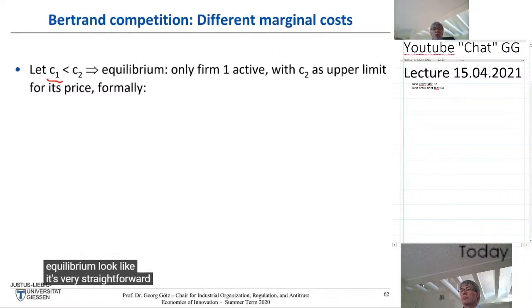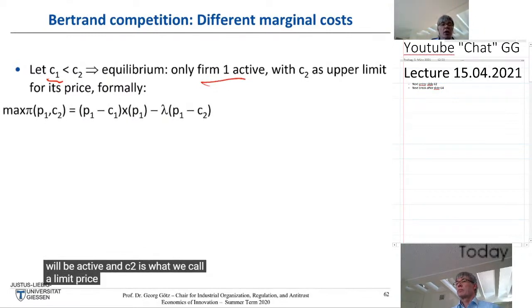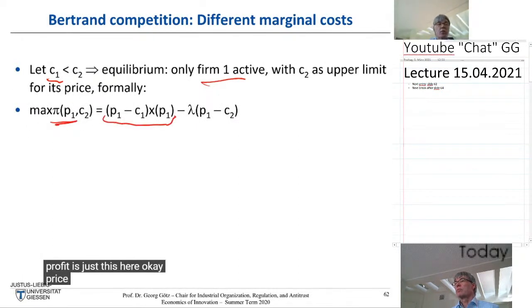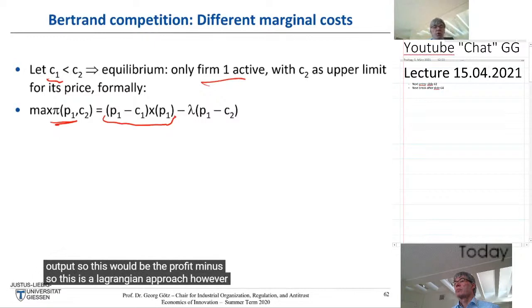It's very straightforward. Only firm one, the efficient firm, will be active, and C2 is what we call a limit price. In formal terms, firm one maximizes its profit, which is just this here: price per unit minus cost per unit, times output. This is a Lagrangian approach. However, it's actually not a Lagrangian but a Kuhn-Tucker approach.